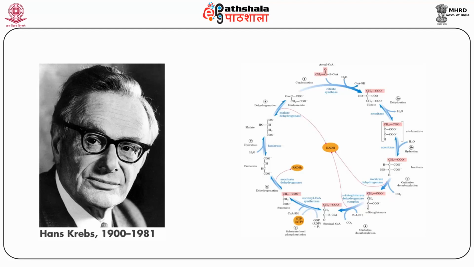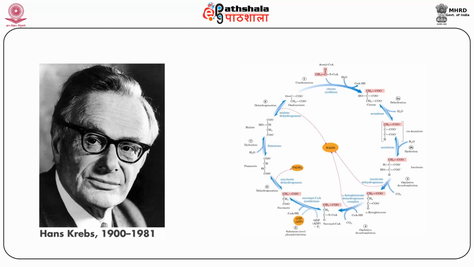It produces citrate. Here a water molecule is added and coenzyme A-SH is released. Now the citrate is converted into cis-aconitate by the enzyme aconitase. The reaction is a dehydration reaction.